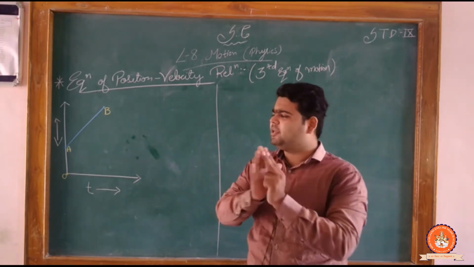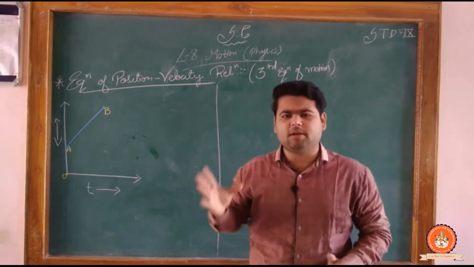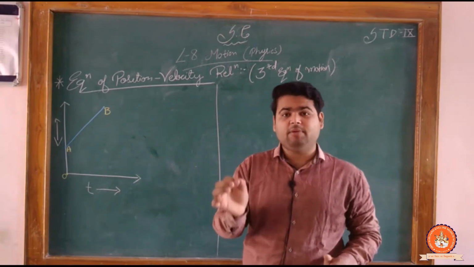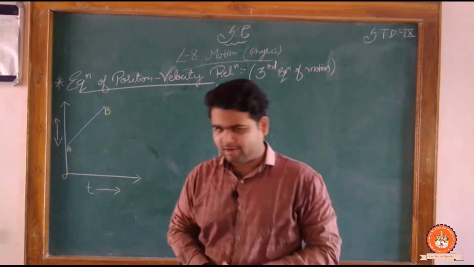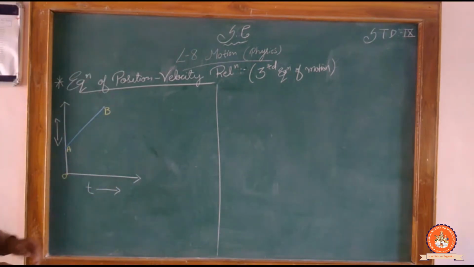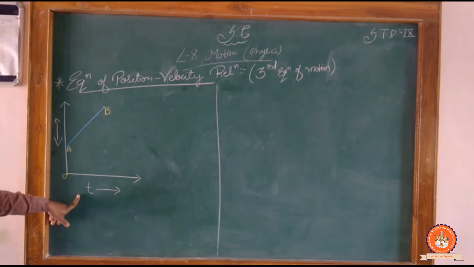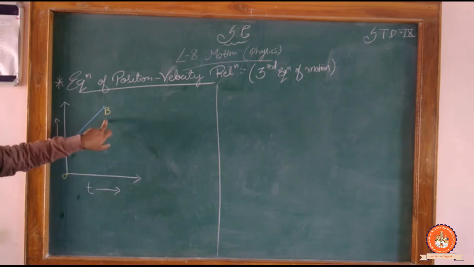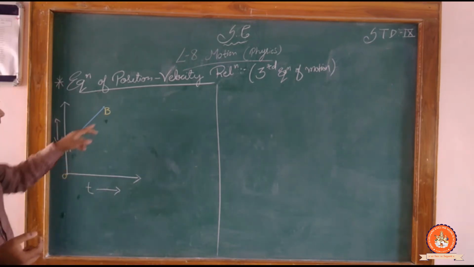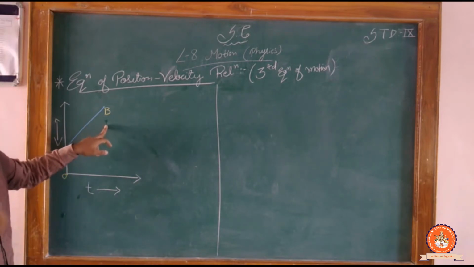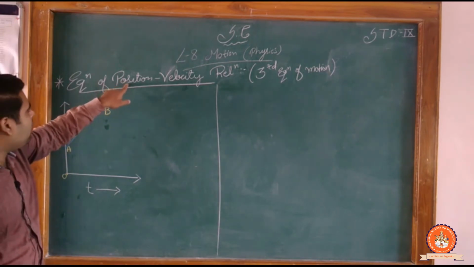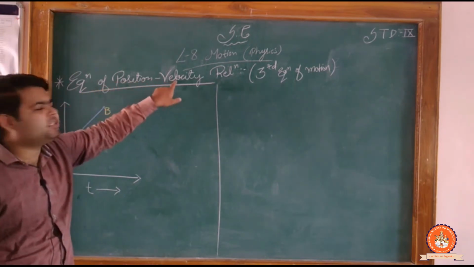Describing is easy. You can do it in your own language too, but be careful that you use scientific language, and that the English is correct. So look here. This is the figure, or we can say the graph, of velocity versus time, and the object is moving from A to B, covering the distance from A to B. Now we want to find the particular equation of position versus velocity.